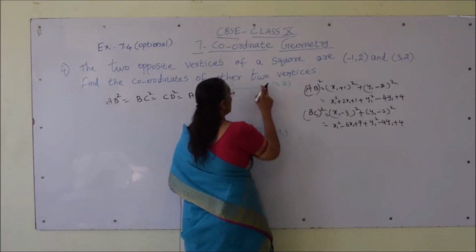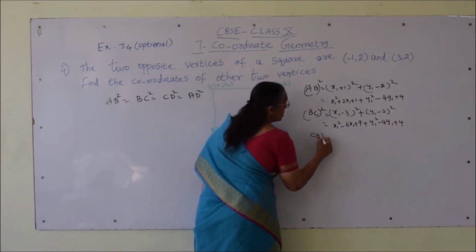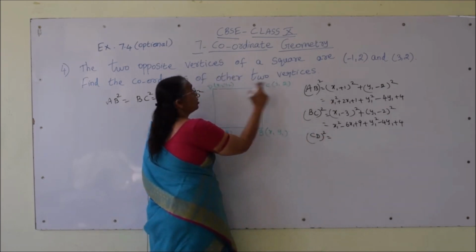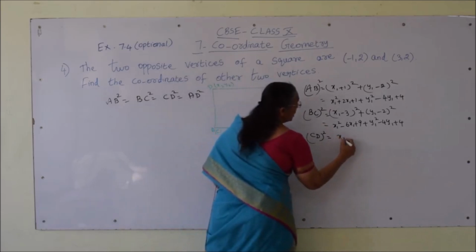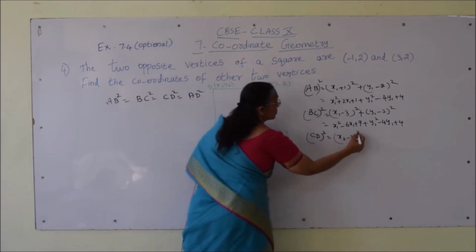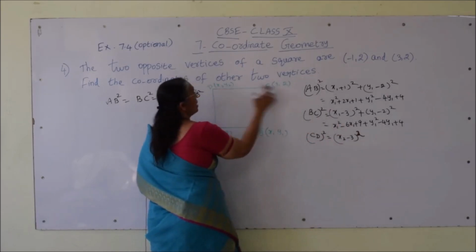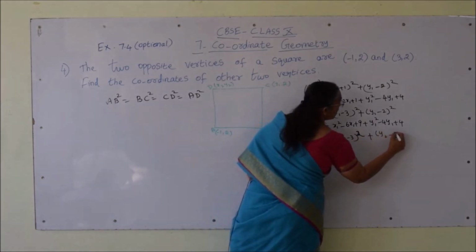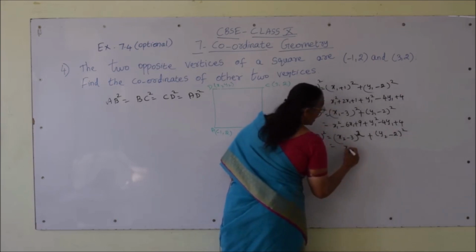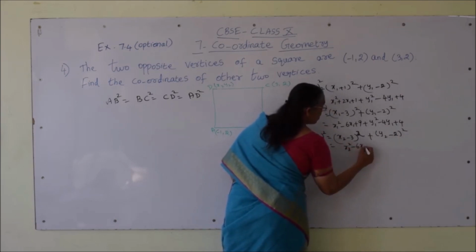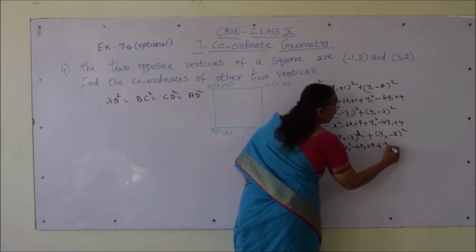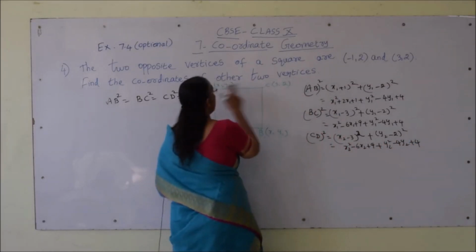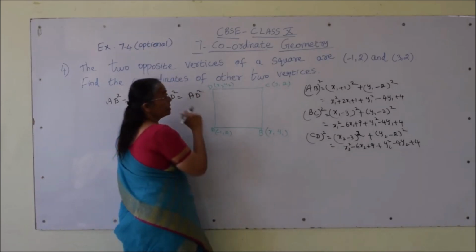Now, BC we also found. CD square equals this distance, (x2 minus 3) whole square plus (y2 minus 2) whole square, which is x2 square minus 6x2 plus 9 plus y2 square minus 4y2 plus 4. CD is also done. Let us find the distance AD.